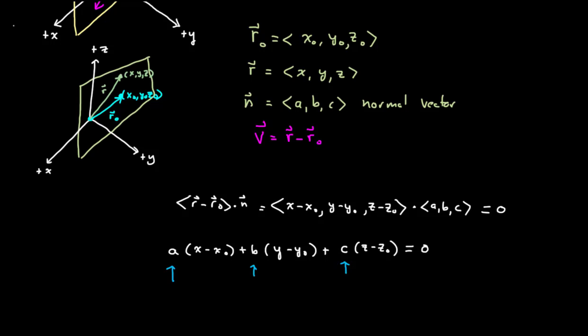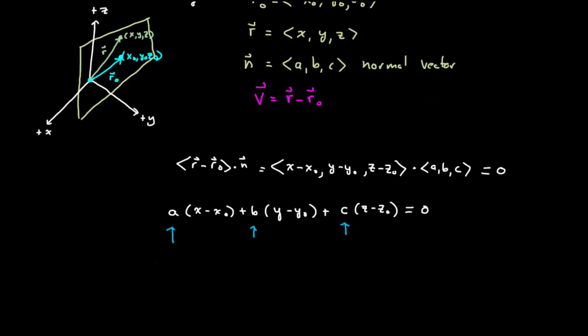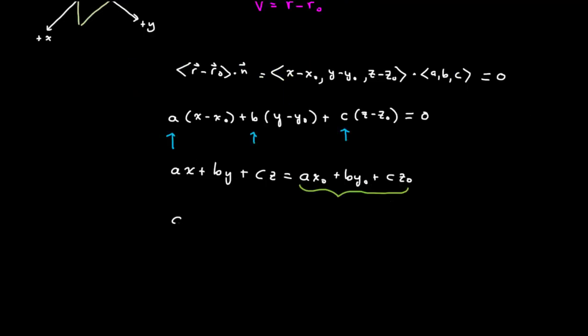If I simplify this, we could say ax plus by plus cz equals a times x naught plus b times y naught plus c times z naught. All of these together should be some constant, so ax plus by plus cz equals some constant k.